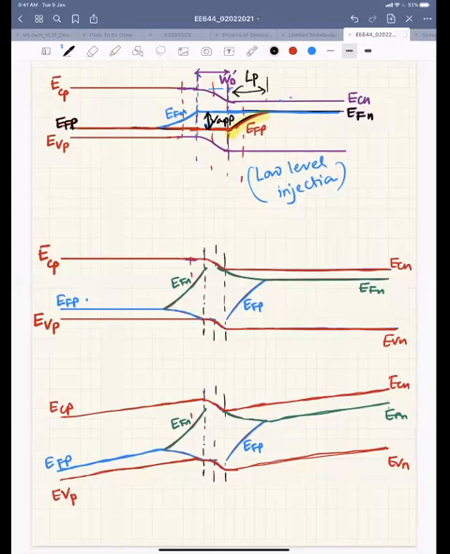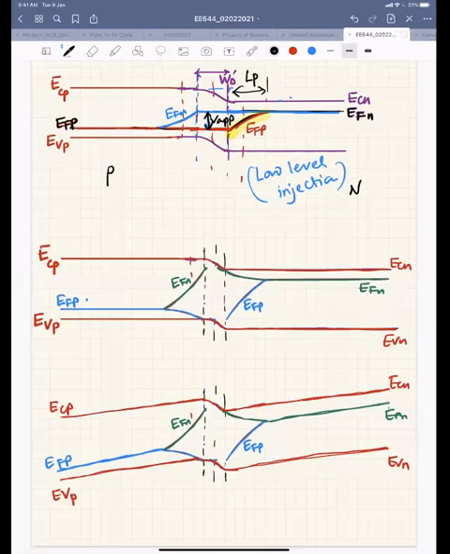So I'm injecting holes from the P side to the N side. This side is P, and this side is N, right? Then the hole concentration is higher, that's why EFP is close to your EVP, your valence band. As you go away from the junction, holes will recombine, so the minority carrier concentration will reduce, and EFP will again merge with EFN after Lp.